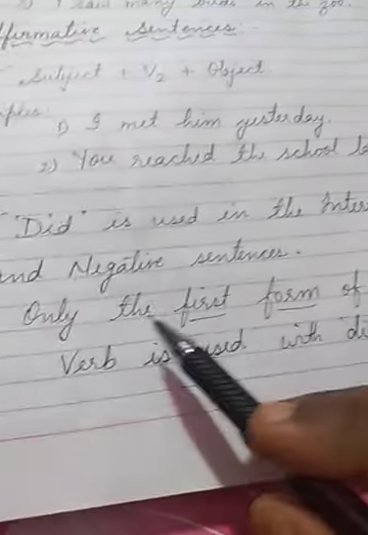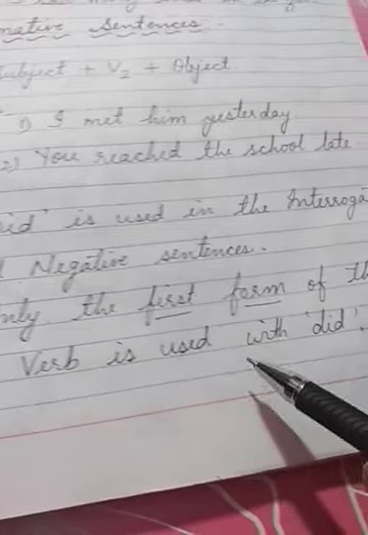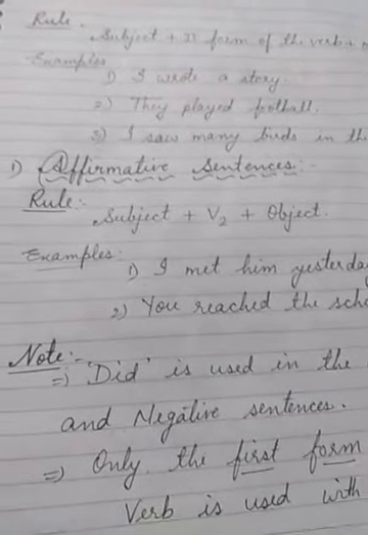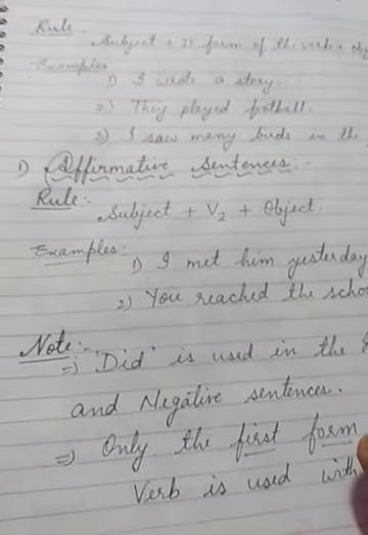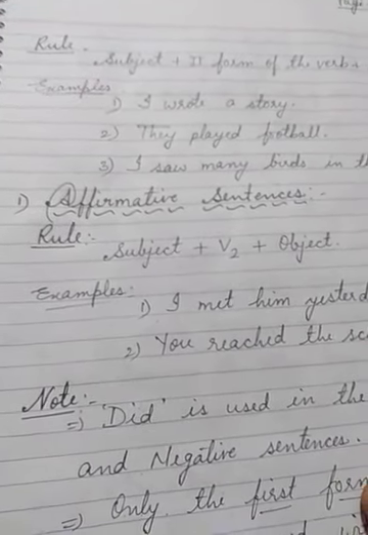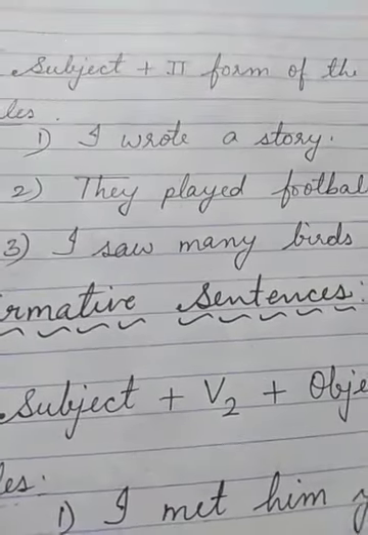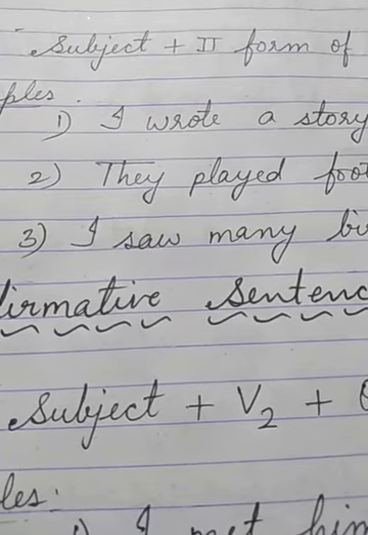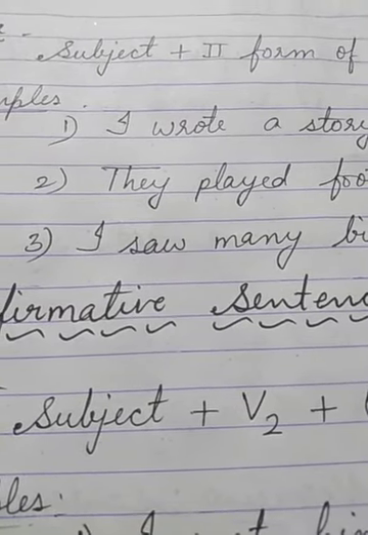Next, only the first form of the verb is used with did. So whenever we use did, we write only the first form of the verb, not the second form. Remember it, because tense is also helpful in find the error or fill the gap. So please keep it in your mind.